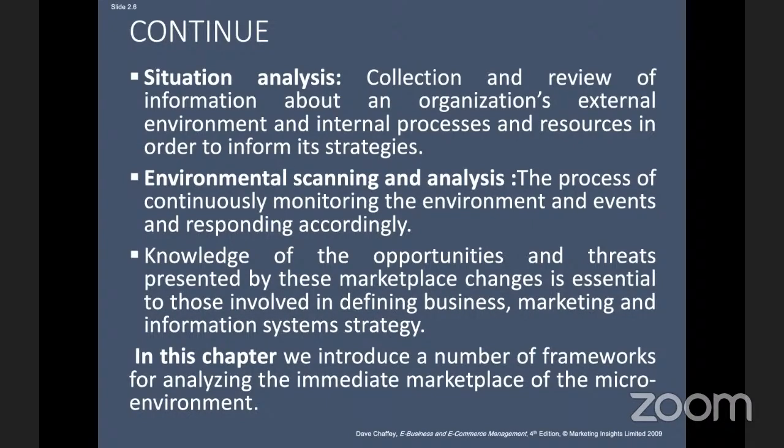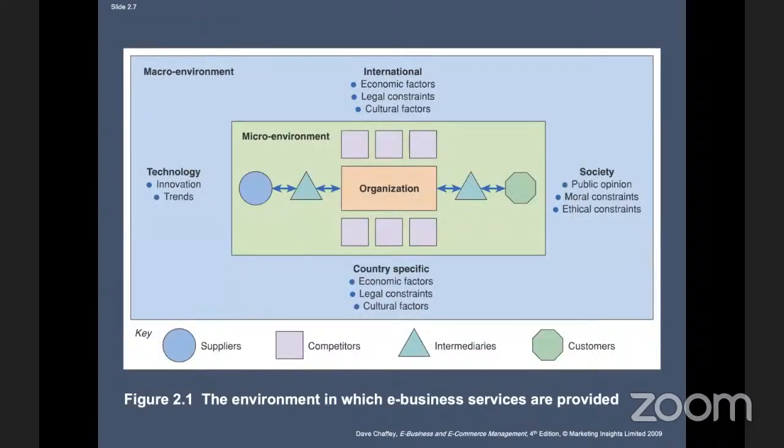In this chapter, we introduce a number of frameworks for analyzing the immediate marketplace of the microenvironment. Here comes figure 2.1. What is figure 2.1? The environment in which e-business services are provided. Okay, so here we have the macro environment, then we have the technology, then we have different factors regarding the country specific, and then we have different factors related to the international market, then the society.